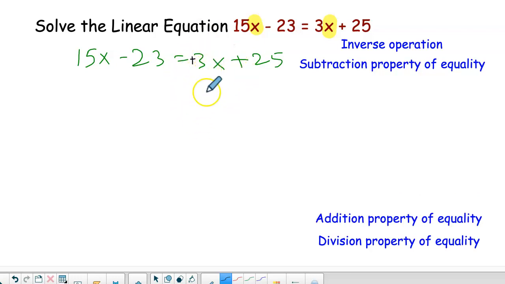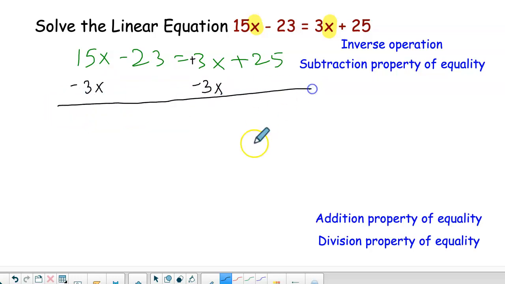So to cancel this positive 3x from the right hand side, do minus 3x, the subtraction property of equality, subtracting the same quantity on both sides. And I'll subtract 3x on the left hand side also. And why do you have to do this? Just in order to take away this 3x from the right hand side.